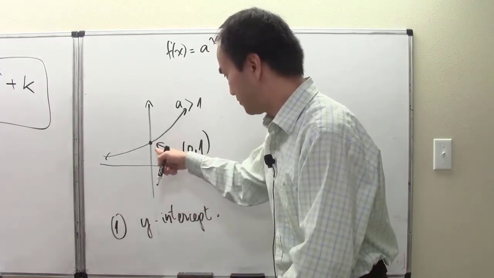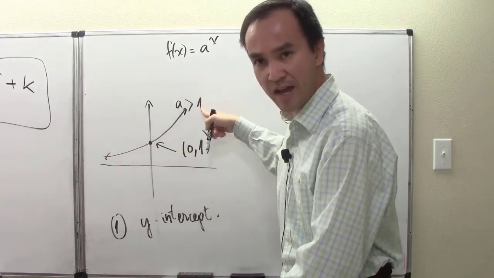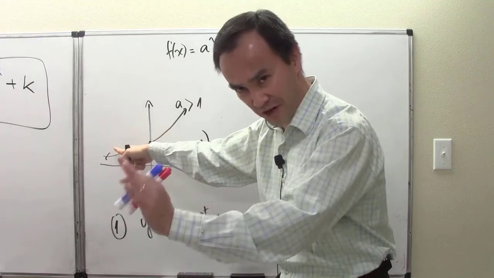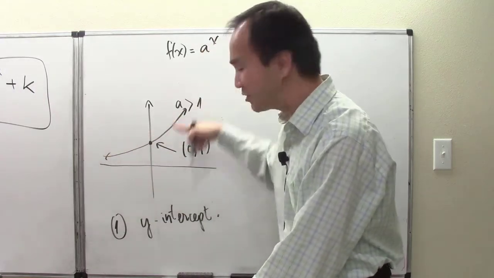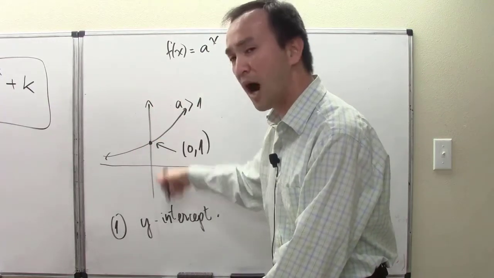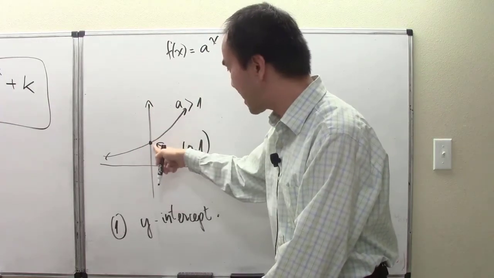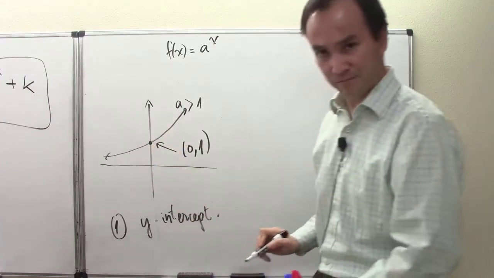That is the graph for any a to the x where a is greater than 1. The graph, as we agreed earlier, rises from the left to the right and intercepts the y-axis, or the vertical axis, right at the point (0, 1). So it has a y-intercept.